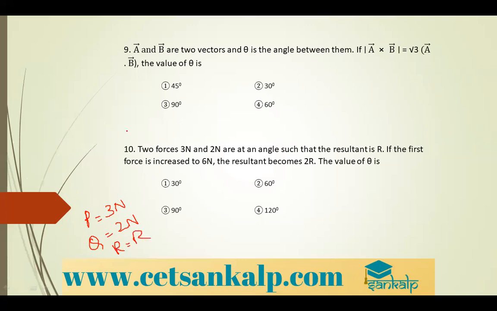In the second case, P is increased to 6 Newton, Q is the same 2 Newton, and R is equal to 2R. They have given the resultant as 2R. Which formula will you substitute this into? R squared is equal to P squared plus Q squared plus 2PQ cos theta.